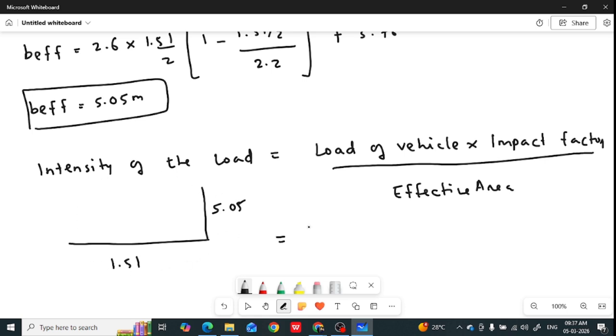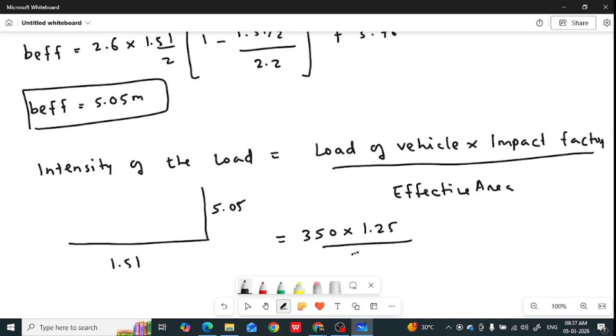For the load of the vehicle, we are placing only one track of IRC class AA. The load of that is 350 into the impact factor. The span of the panel is 5 meter. For the 5 meter, the impact factor will be 25%. You have to increase it by 25%, so you need to multiply by 1.25.